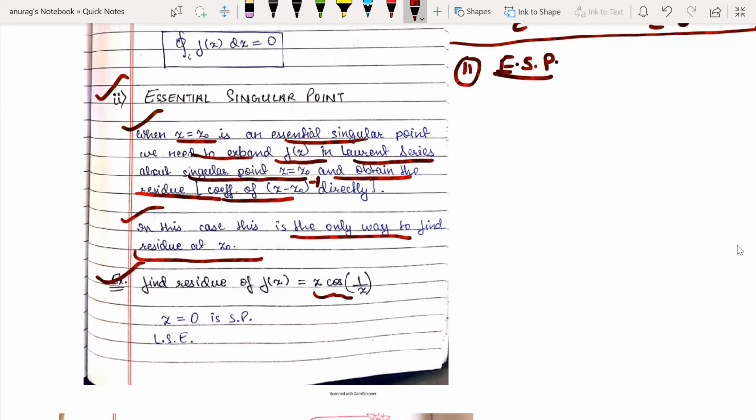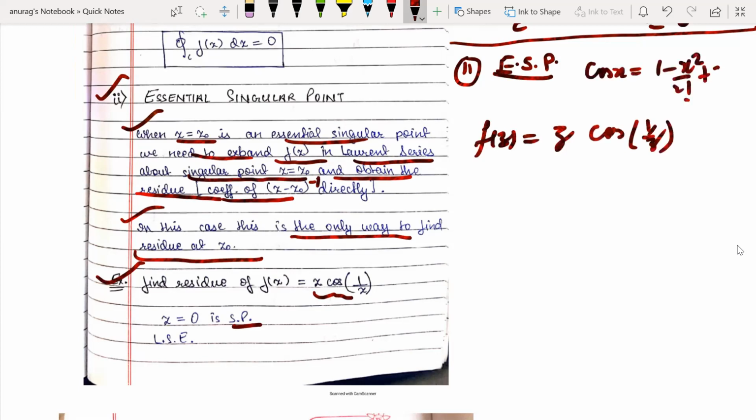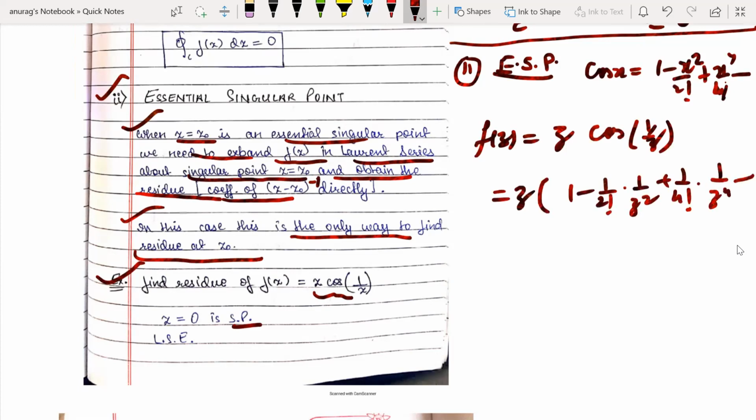For example, find the residue of f(z) equal to z cos(1/z). z equal to 0 is a singular point because at z equal to 0 the function is not defined. So we will expand it. Can you tell me the expansion of cos x? Cos x is 1 minus x squared by factorial 2 plus x to the power 4 by factorial 4 and so on. So it will become z times (1 minus 1 by factorial 2 times 1 by z squared plus 1 by factorial 4 times 1 upon z to the power 4 and so on).